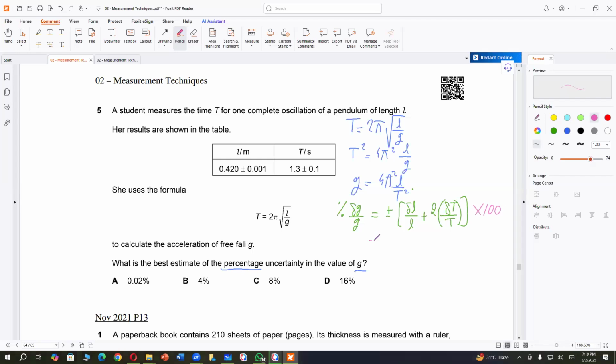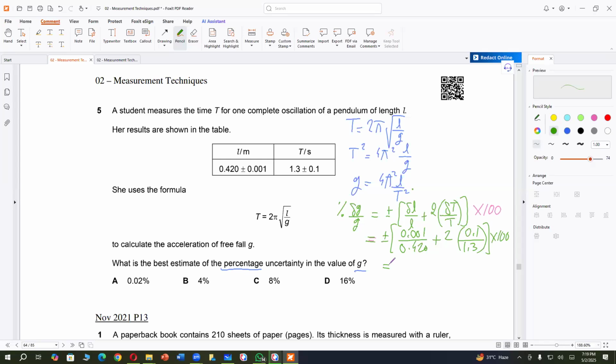Now insert the values, and this will be plus minus delta L upon L, 0.001 upon 0.420, plus 2.1 upon 1.3, into 100. Now, can you solve it, Asad? Yes, sir.